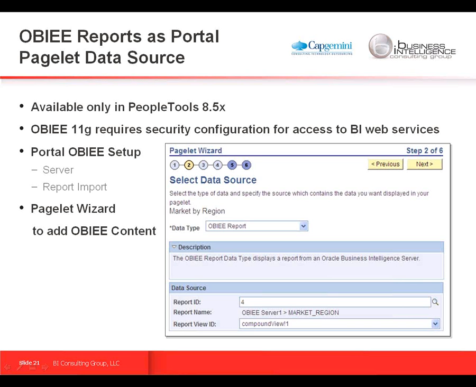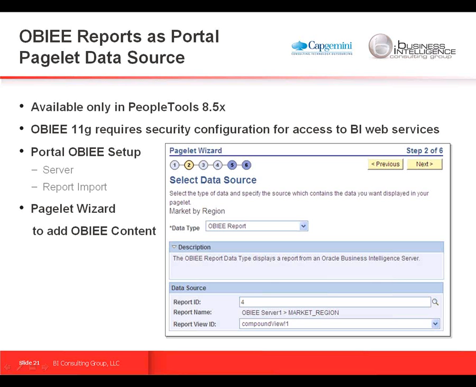So initially, with OBIEE, the web service piece was fairly straightforward and simple to access. We just had to have a user who had administrator credentials within the OBIEE tool. In OBIEE 11g, it's a little more complex.